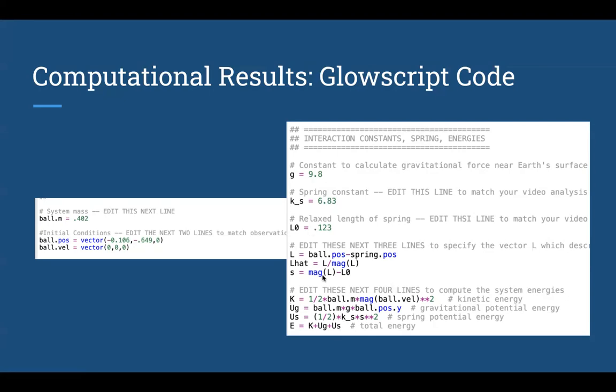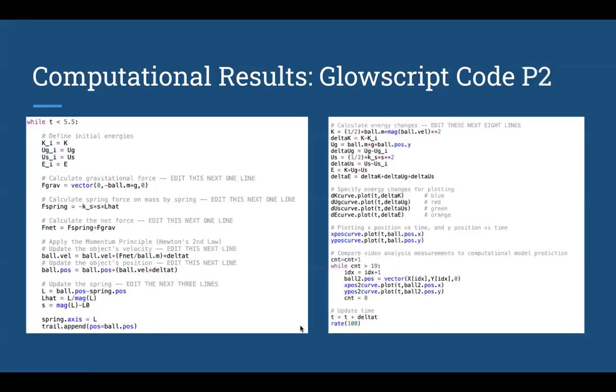And then these 4 lines for energy, kinetic energy, potential energy are from the fundamental principle formulas. And then here is my computational loop to find the change in the energies. You can see all over here. And then here are the calculations of the energy changes, which again are just formulas from my fundamental principles.